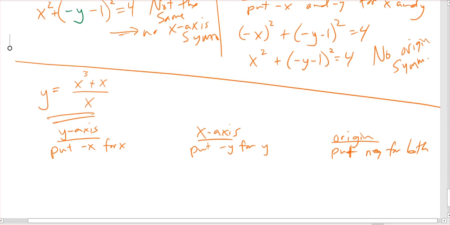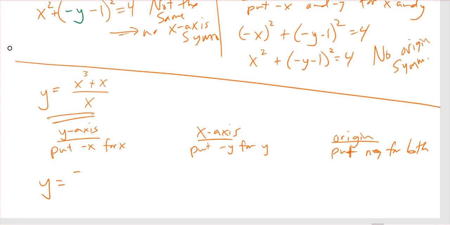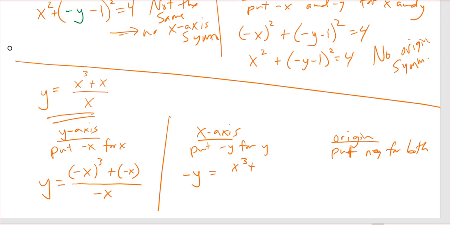Okay, we can do this. Maybe we just do them all in a line here. So put negative x for x. So I'm going to have y equals negative x cubed plus negative x over negative x. Okay. X-axis symmetry, I'm going to put negative y in for y. So I got negative y equals x cubed plus x over x.